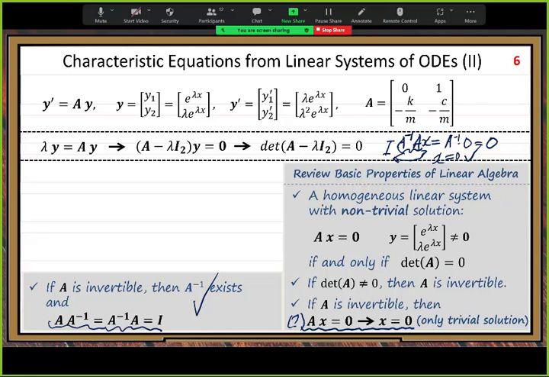Because based on your algebra knowledge, when you multiply, let's say, two numbers, AB equals BA all the time, right?